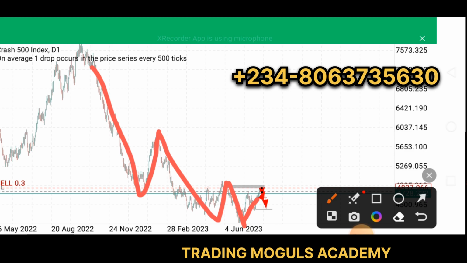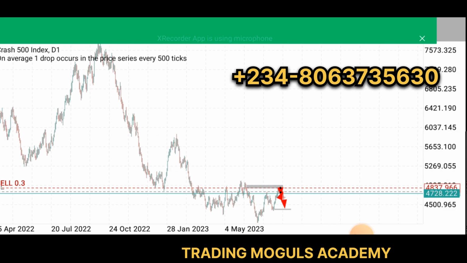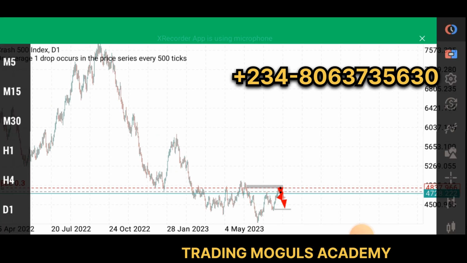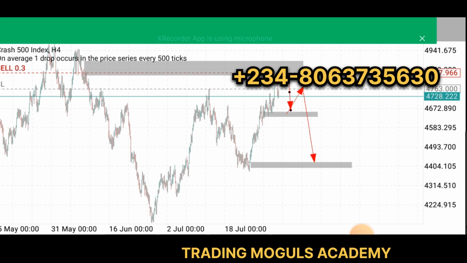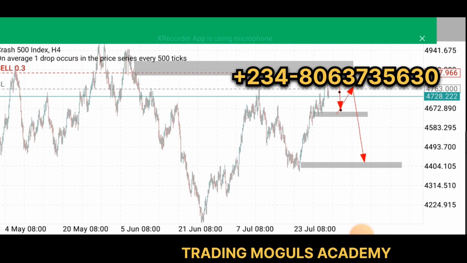What did we do? That was when we had to look for an entry. So from the 4H time frame we were able to get an entry right here. This was what we took very early in the morning today, around 9 o'clock a.m. I posted it on the VIP group.